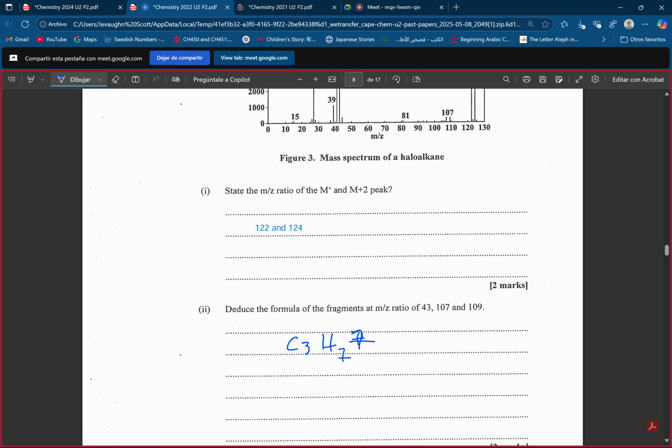What does 107 suggest, guys? Suggest that bromine is present. Lovely. So the M plus peak, right, being at 107, we're looking at that.